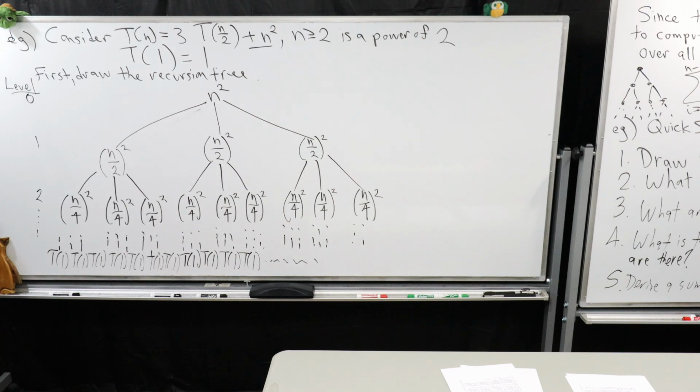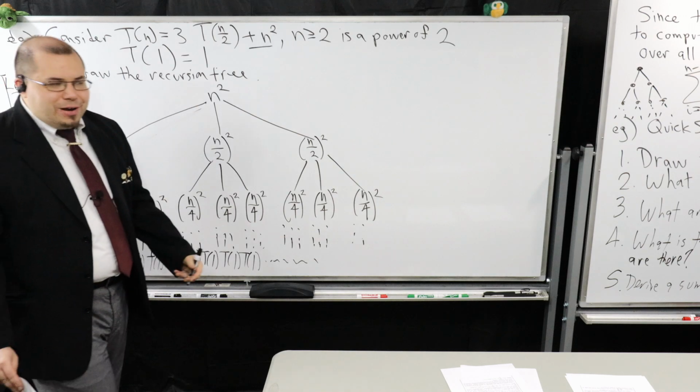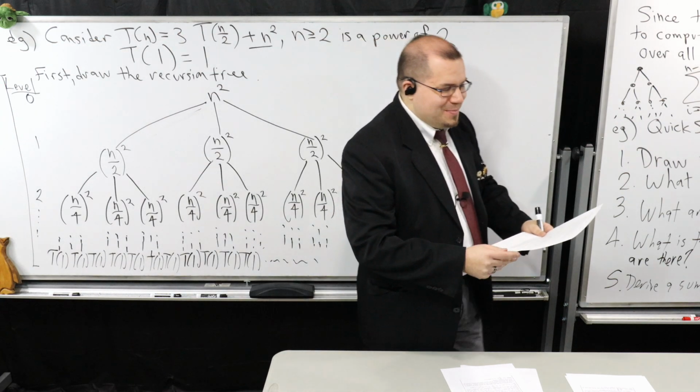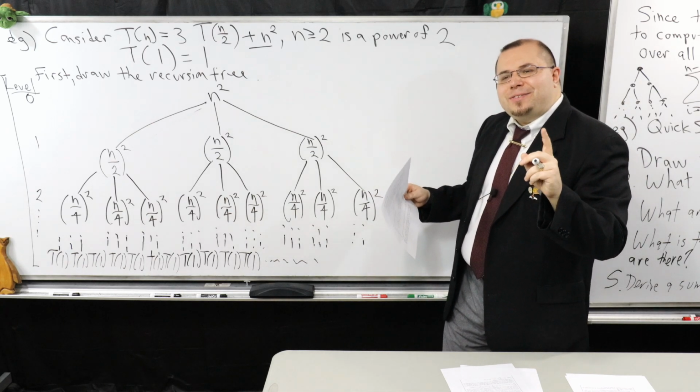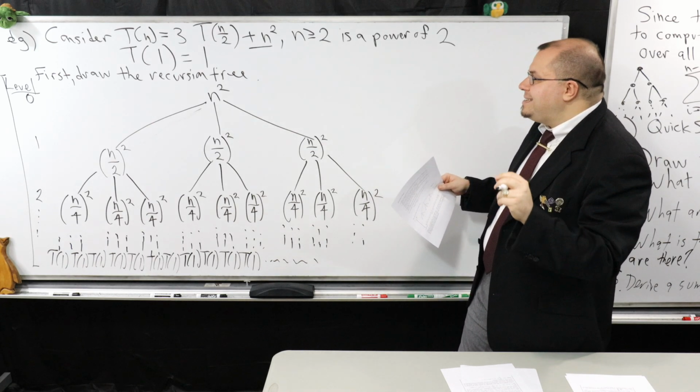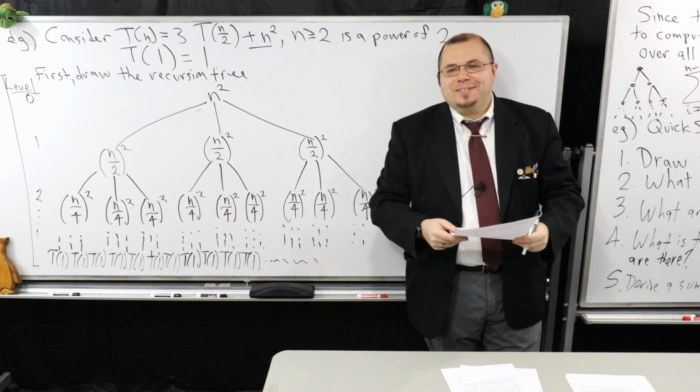But I have a question for you. I'm going to skip one step just to make this a little easier because we know a lot about trees, and I'm very confident that you could probably get this one. What is the height of this tree? Does anybody have any good guesses?